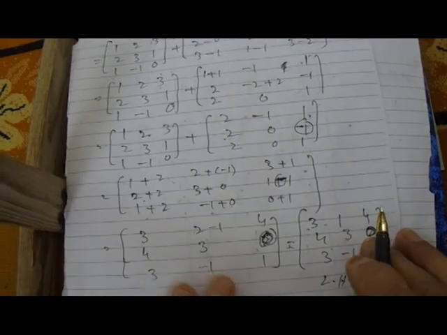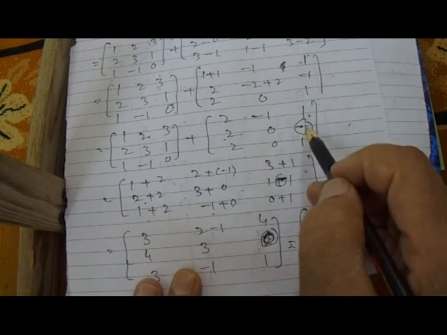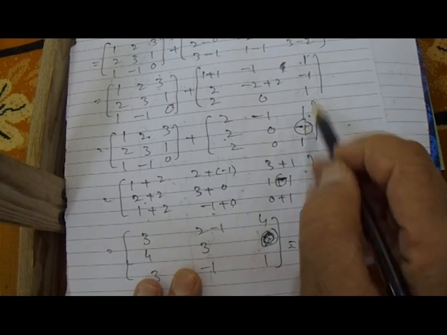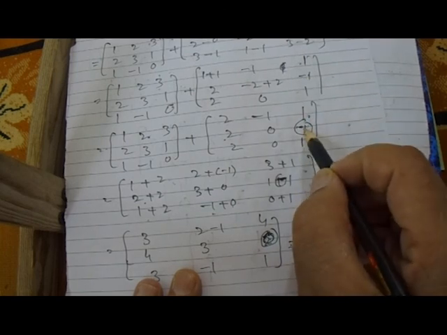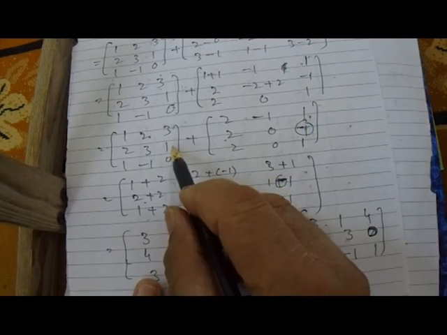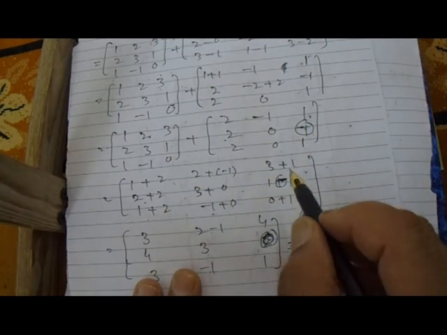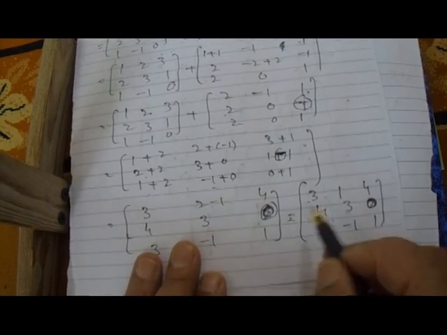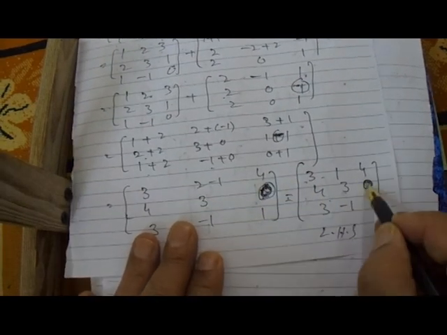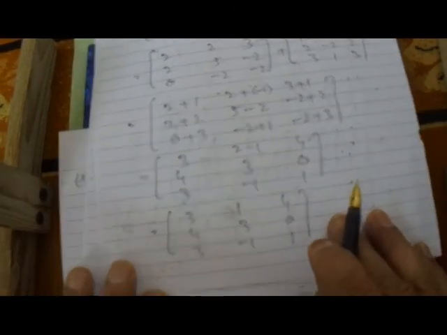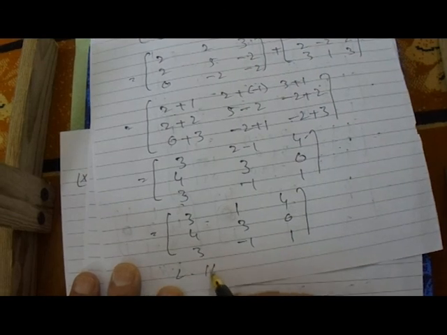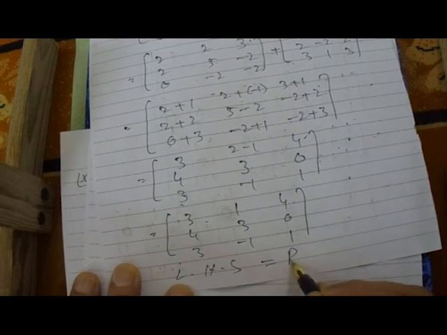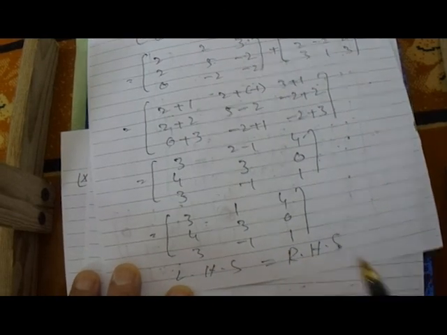Here I wrote wrongly. This minus 1 we write here minus 1 and this minus 1 plus 1 we write 0. This minus 1 we write here 0 and again 0. Now comparing the result, the left hand side is equal to the right hand side.